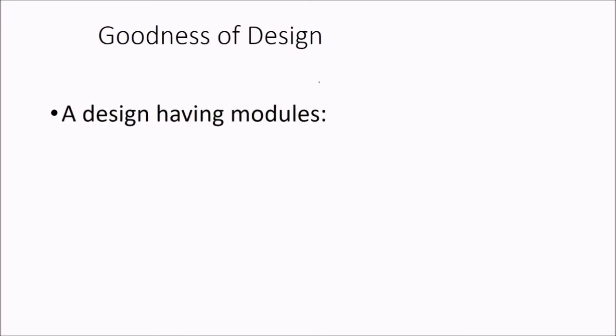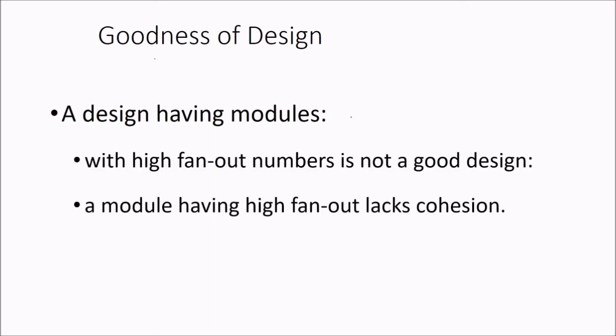Then again, with reference to goodness of design, a design having modules with high fan out numbers is not a good design. So we need the least fan out. You know what fan out means. A module having high fan out lacks cohesion.